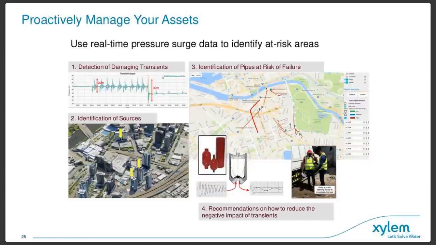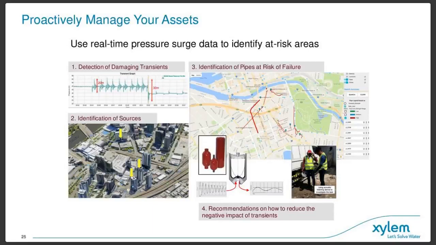A lot of what I've spoken about up to this point has been about how existing data and smart network data can be pulled together in a real-time context. So, understanding from a control room or quick leak response scenario, are there events in the network, where are they occurring, and getting there quickly.